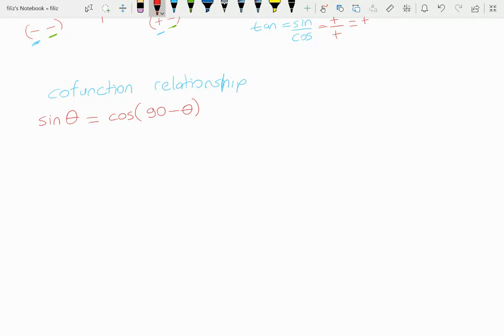These are equal. Let's say if you know secant of theta, we will know cosecant of 90 minus theta. If we know tangent of theta, we will know cotangent of 90 minus theta.